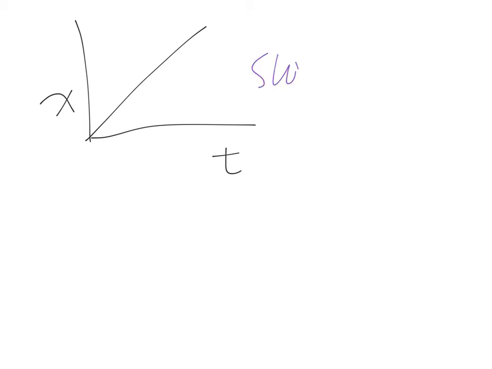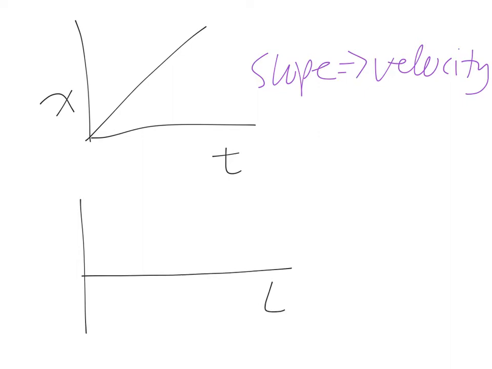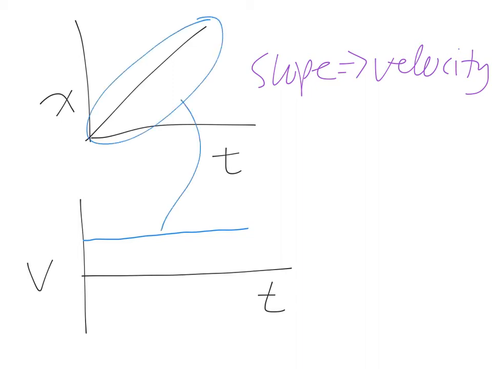Slope of position time graph equals velocity, which means that for a straight line, when we made our velocity time graph, we would end up with a velocity time graph with a horizontal line, because this constant slope meant that we had a constant velocity.